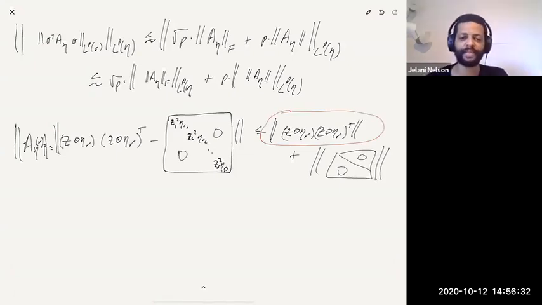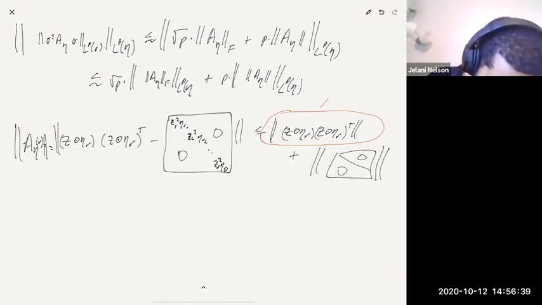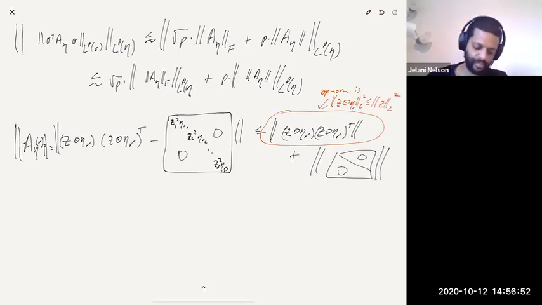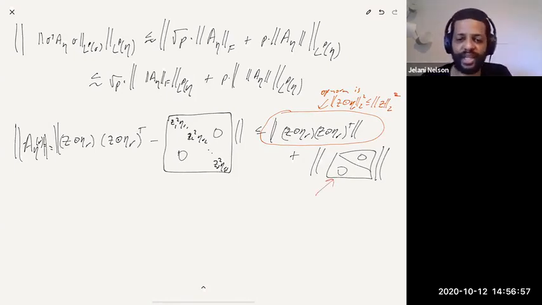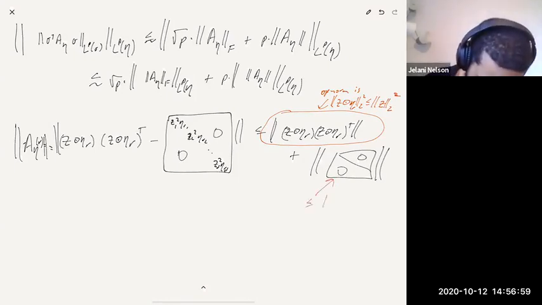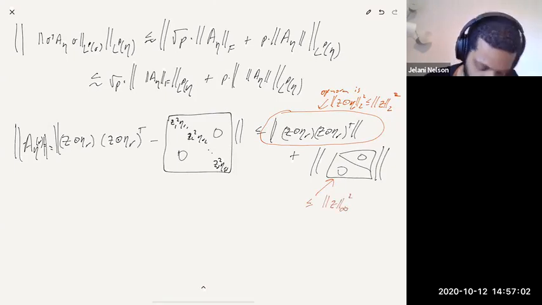This is a rank 1 matrix. It has a single non-zero eigenvector, which is Z dotty thing eta R. So its operator norm is the L2 norm squared of that vector, which is at most the L2 norm squared of z. And this is a diagonal matrix, so its eigenvalues are just the entries on the diagonal. So this has operator norm at most z's L infinity norm squared.